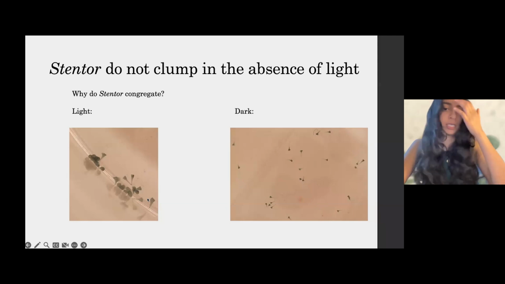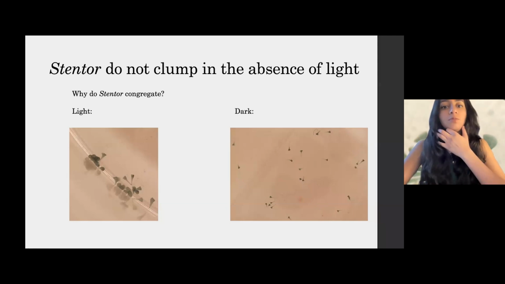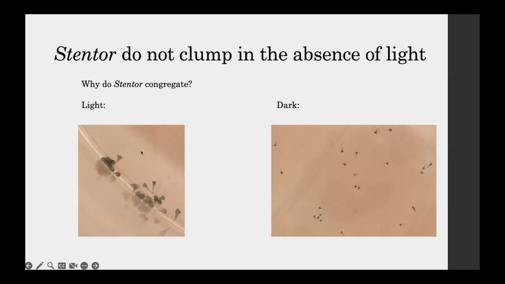This is really interesting because there's a recent preprint that came out about how stentor position themselves in these congregations, in these rosettes, to actually help their feeding behavior. In some of the earlier videos, I showed that stentor have this row of cilia, these hair-like appendages on their oral apparatus, the top of the trumpet. And this helps them take in food from their environment.